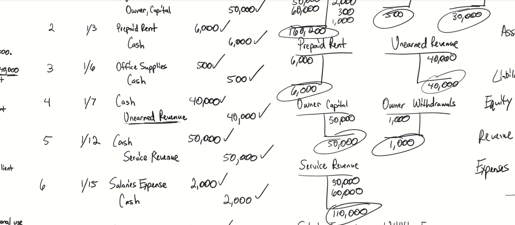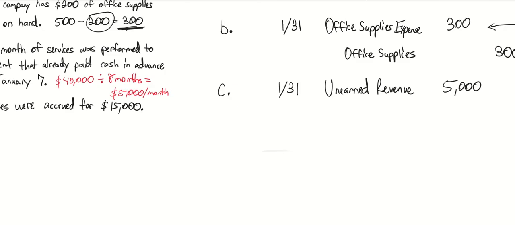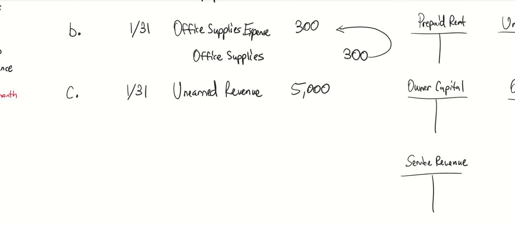So the company is liable to perform future services to this client. So once part of the services is performed, in this case, which 1 month's worth of services was performed, we're going to have to reduce the unearned revenue account by 5,000. And yes, unearned revenue is a liability. So when you debit a liability, you are reducing the balance in that account.